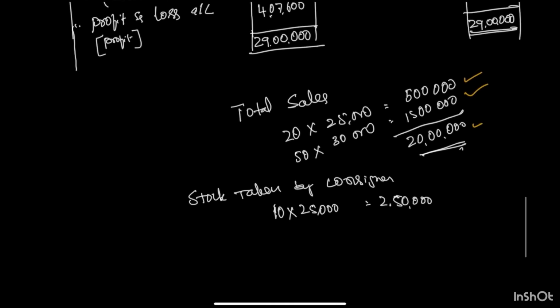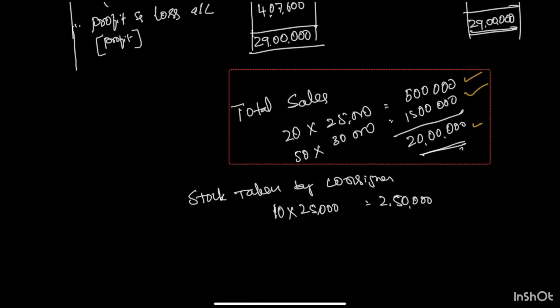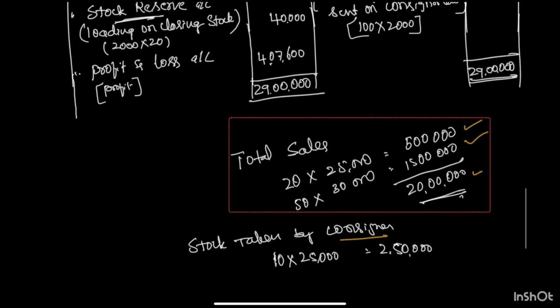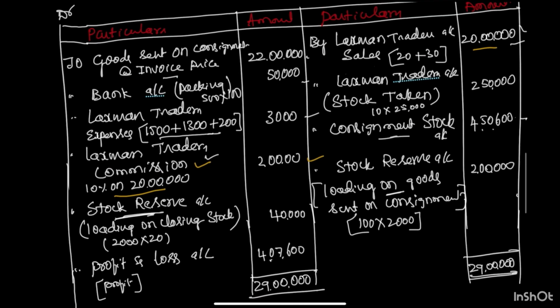And 10 computers at rupees 25,000 taken by the consignee for selling purposes. That's the stock taken by the consignee, and that is to be recorded here in the Lakshman Traders account.